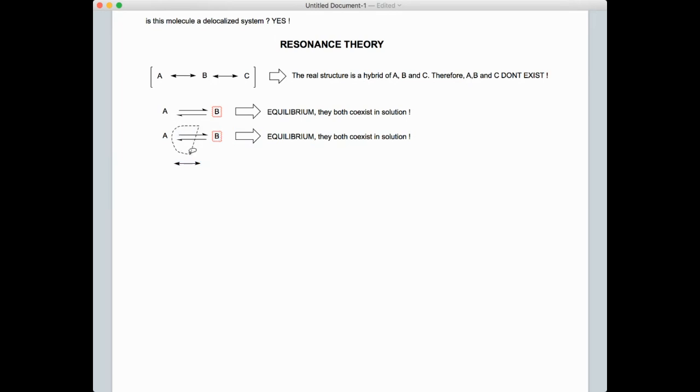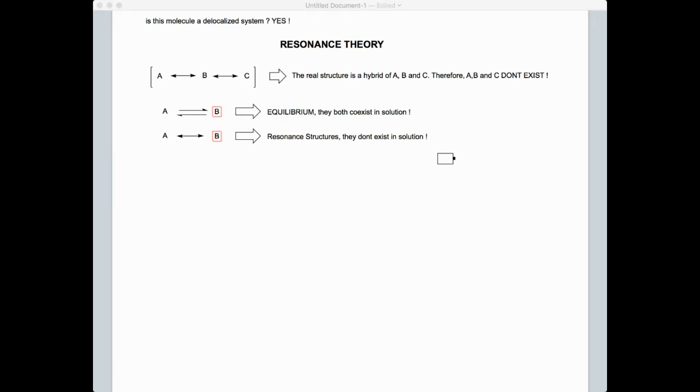And as soon as we use this different notation, it means once again that A and B are resonance structures. They don't exist. Only one thing exists, which is the combination, the hybrid of both of them.